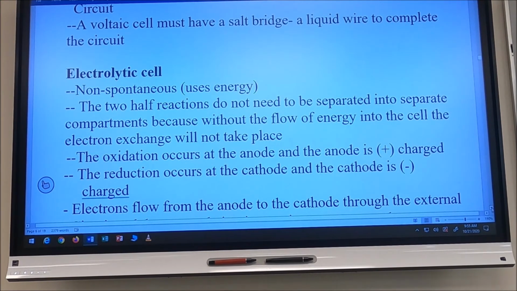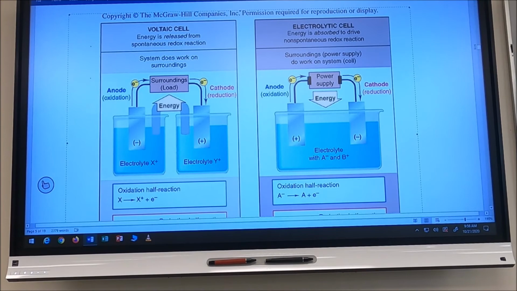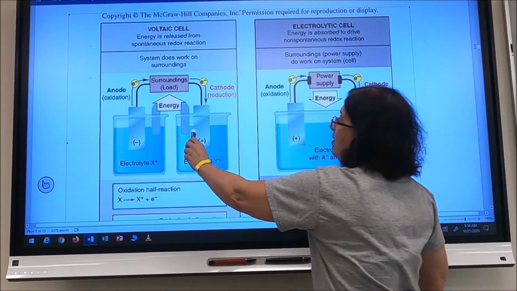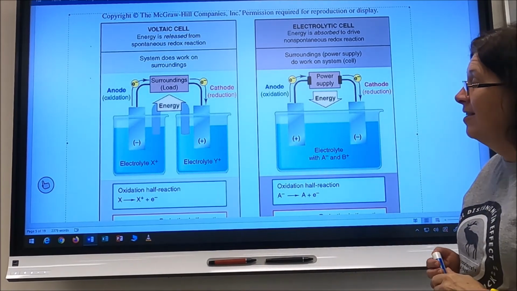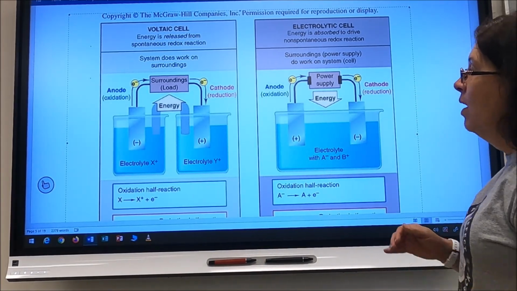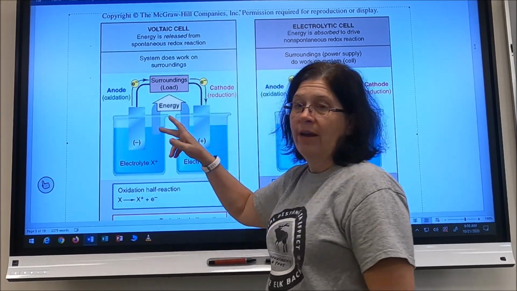So if you look at that picture that we were just looking at, this is a salt bridge, okay, or we could refer to it as a liquid wire. And what it does is it allows the completion of a circuit.